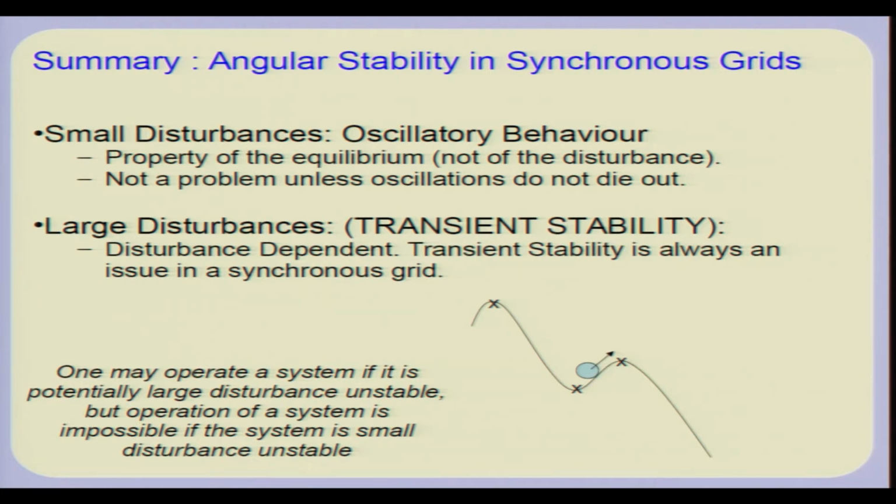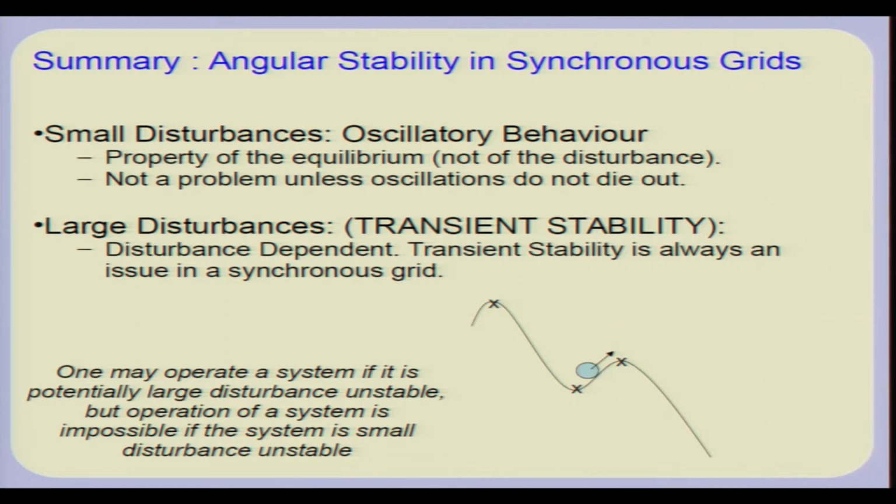Remember that in synchronous grids, the problem of angular stability, this is just to reiterate, you have oscillatory behavior which depends on the operating condition, and this oscillation is always seen, but it is a problem only if it does not die out.